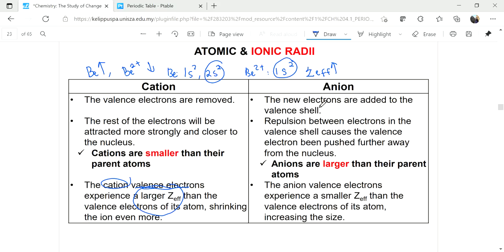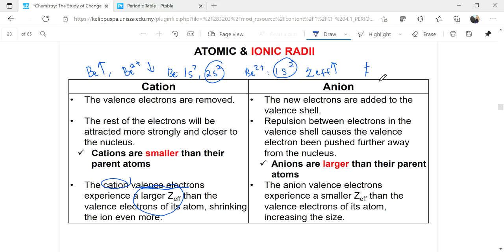So when we accept a new electron, adding into the valence orbital, the repulsion between the electrons in the valence orbital and the electrons in the inner orbital will be bigger, meaning that the shielding effect is higher. So the anion has a larger size than its parent atom.